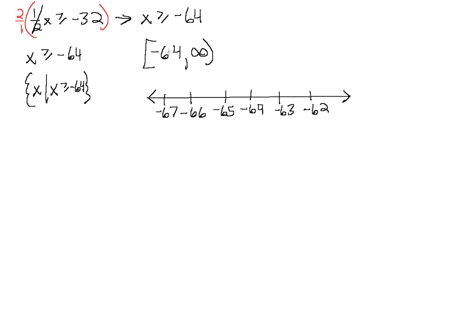Okay, so we're looking for all the numbers larger than or to the right of minus 64, but we're going to include minus 64 by placing an open bracket at minus 64. And all the values larger than minus 64 are included in our solution. So we're shading to the right.